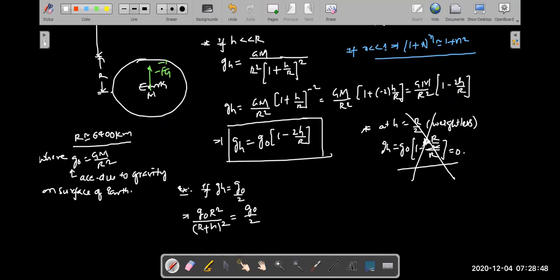So this will be g naught by 2. G naught gets cancelled. This is 2 R square is equal to R plus H whole square. So root 2 R is equal to R plus H. Is that right? So H will be equal to root 2 minus 1 into R. Is that correct?